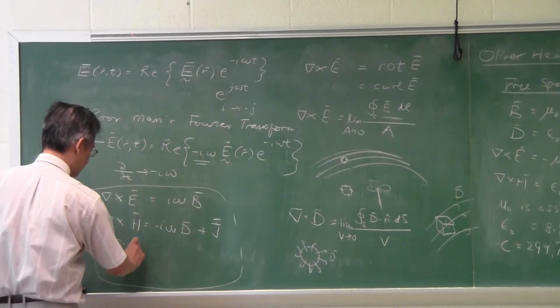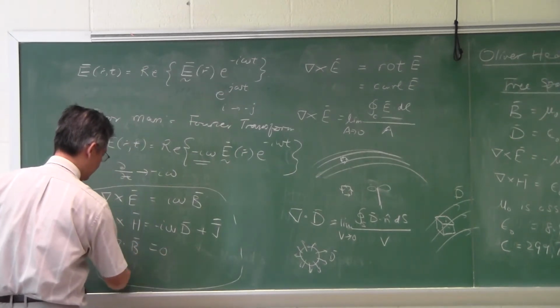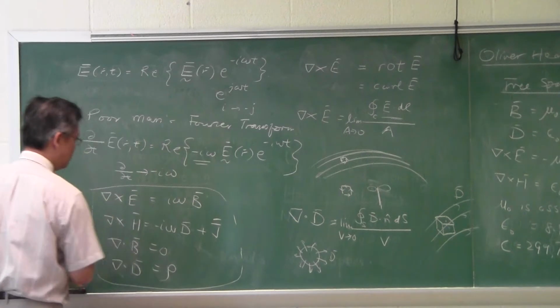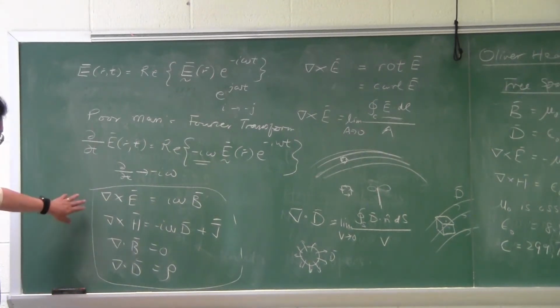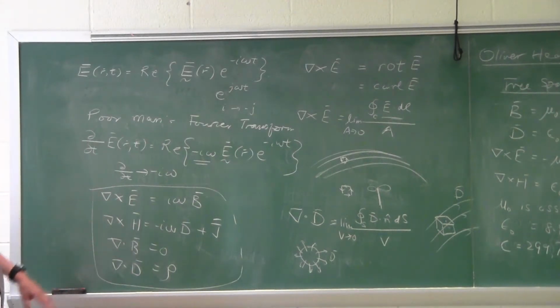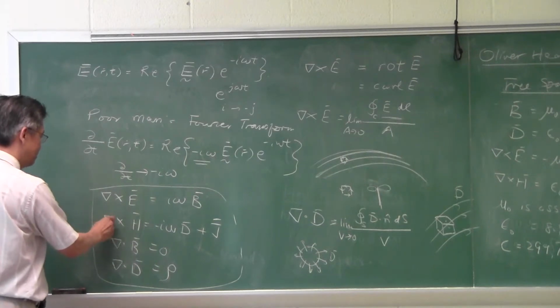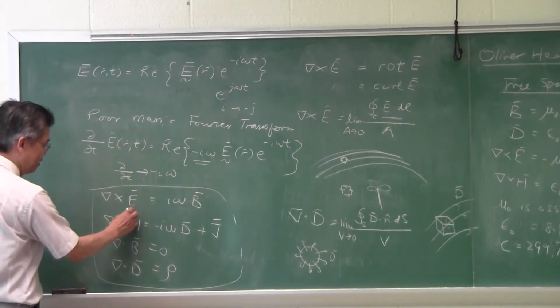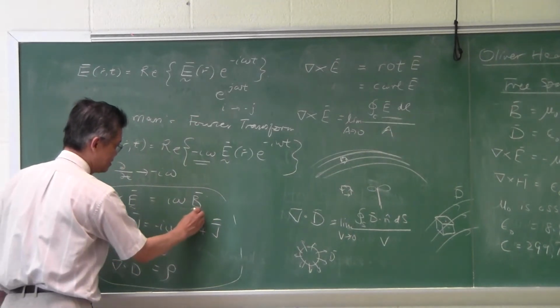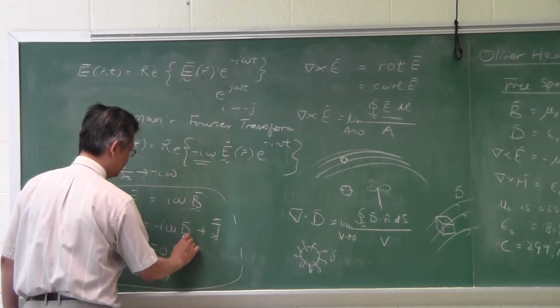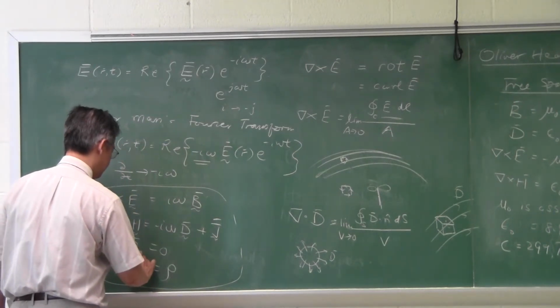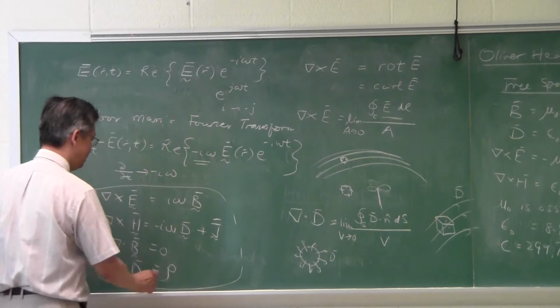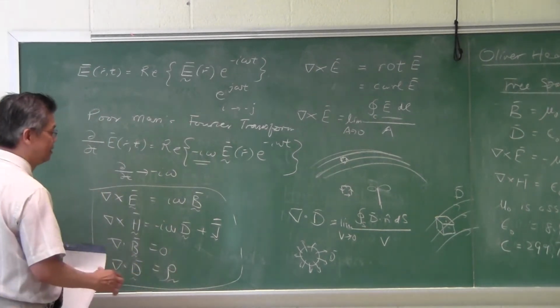You have this other set as well, and then you have this other set as well. Okay. In some textbooks, they will show how to get to this point by using Fourier transform. I can actually denote this more explicitly as phasor quantities now by using an underbar or tilde. You can also get here by Fourier transform.